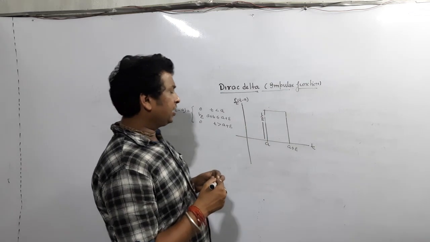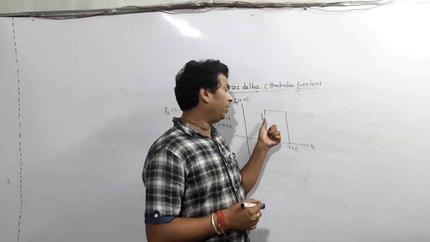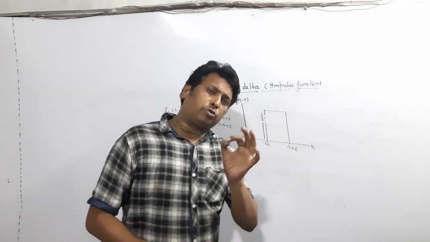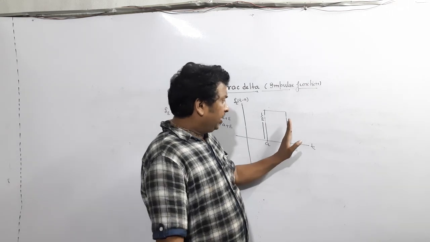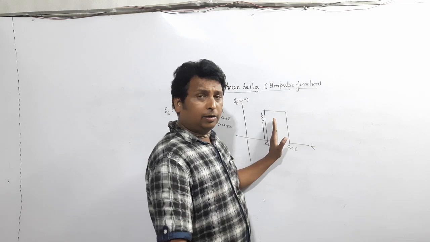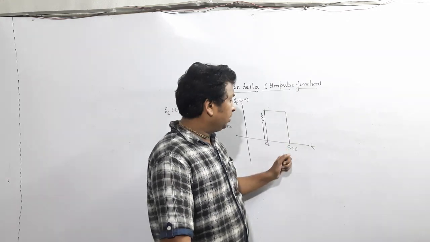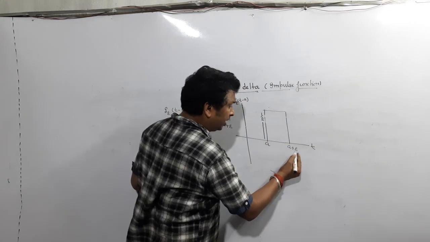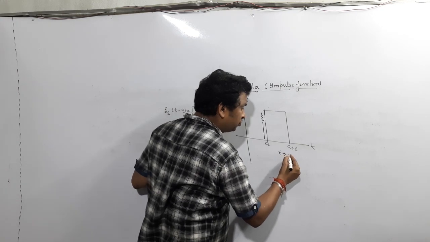So only for this small interval it is defined, and the value is 1 by epsilon. Now see, when we reduce the interval, epsilon tends to 0.